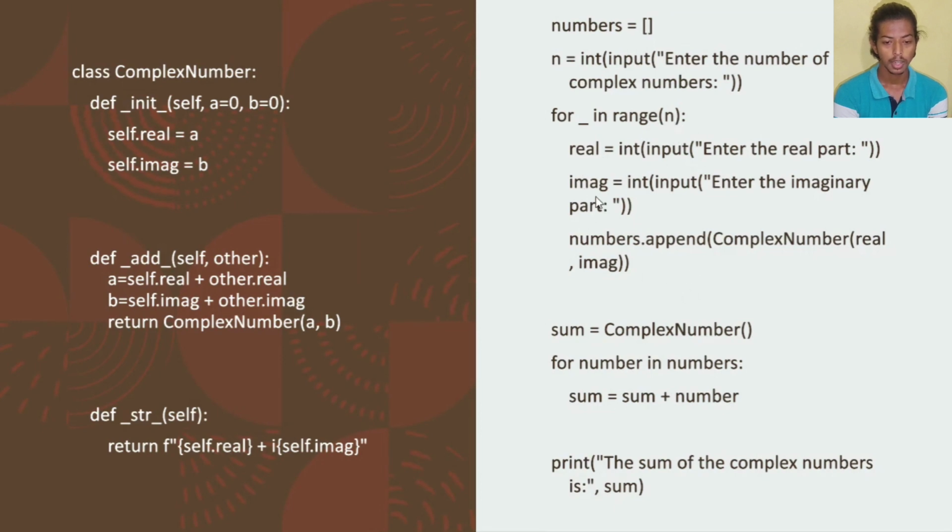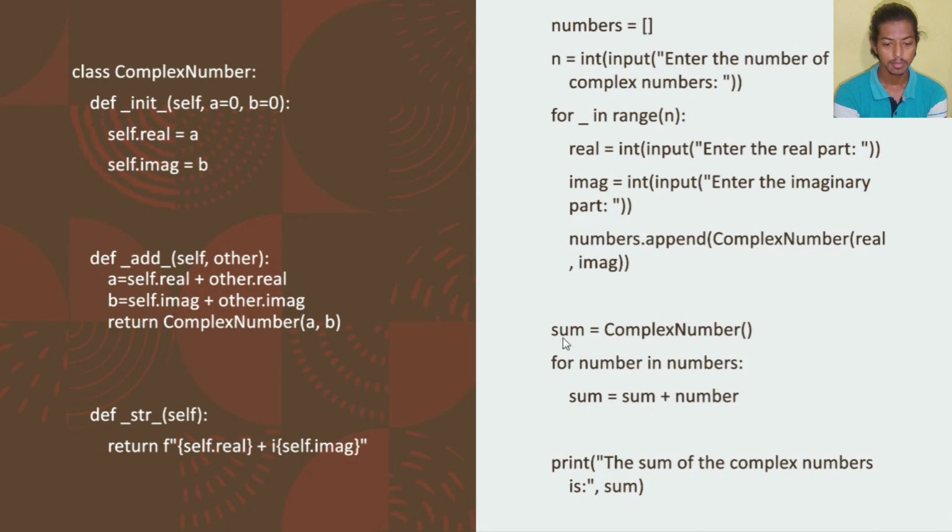I take real and imaginary as variables, taking input for them: enter the real part, enter the imaginary part. I initialize the objects by using the append function, calling the class and sending the entities real and imaginary.